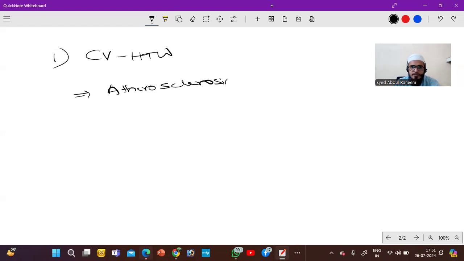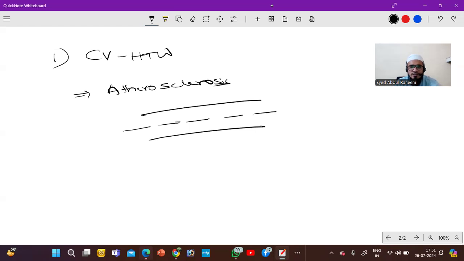Any blood vessel, the fat deposition gradually increases. So here you need more pressure to push the blood outside or beyond that area. So that is the reason you have hypertension.